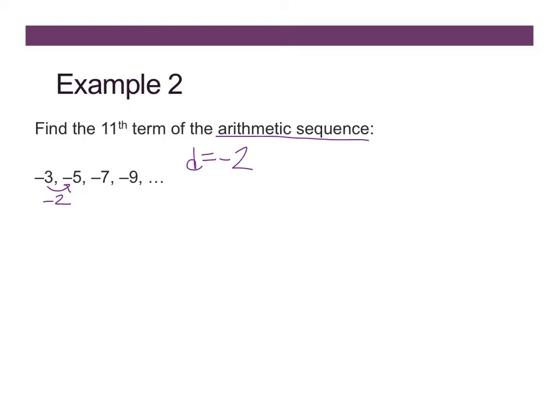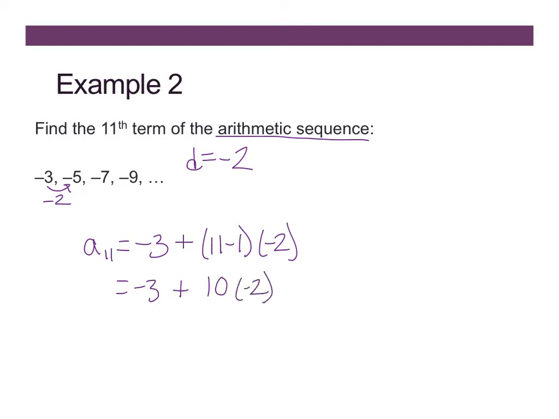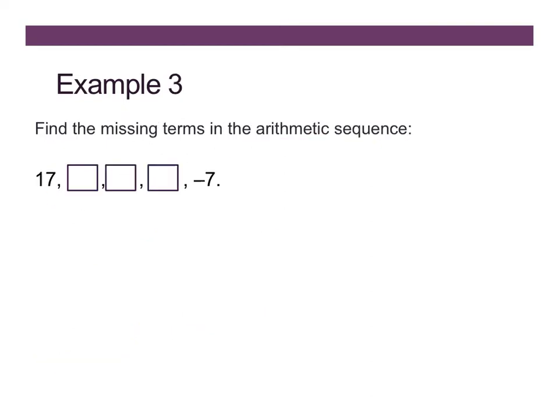So to find the 11th term, a sub 11 equals the first term, which is -3, plus n, which is 11 minus 1, times the common difference, -2. So -3 plus 10 times -2, which is -3 plus -20, which gets us -23. So we know the 11th term is -23.